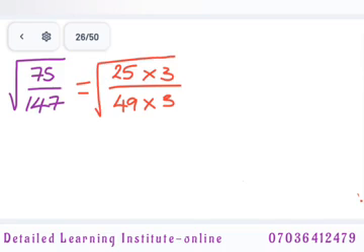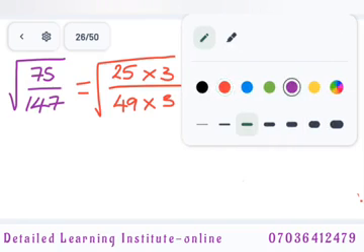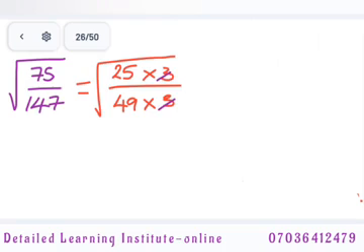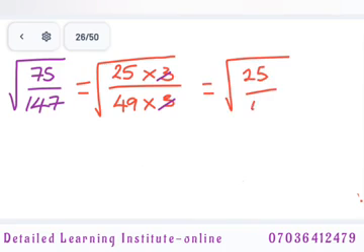So how do we remove the square root? Now since we have something that is common here, we can say 3 cancels 3, right? So what are we left with? We are left with the square root of 25 over 49.